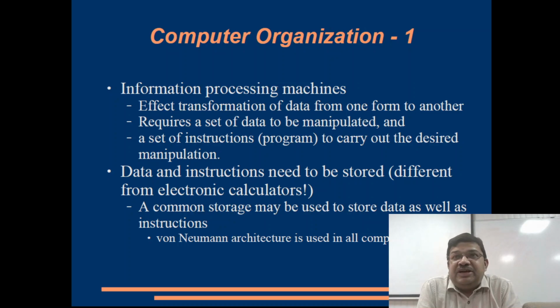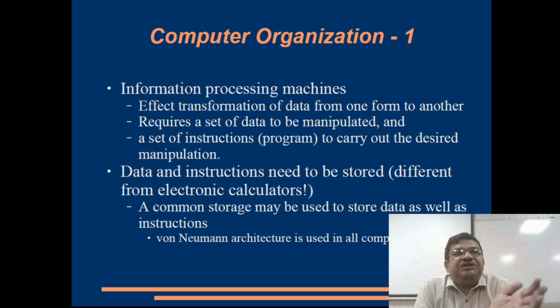So computers, as we have seen, are information processing machines, and they effect transformation of data from one form to another. And in order to transform data, in addition to the data itself, we need a set of instructions about how to transform, right?